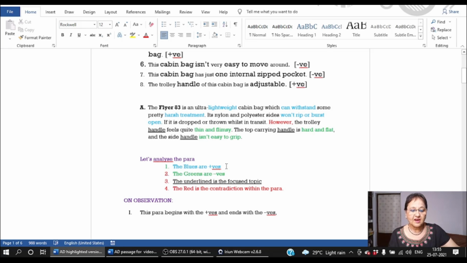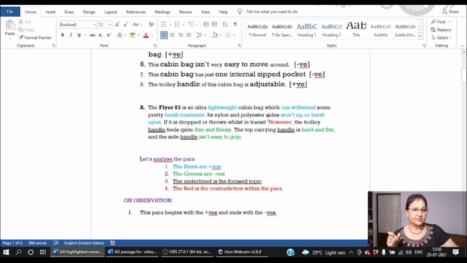The blues are the positives. Lightweight, can withstand harsh treatment, won't rip or burst open. Those are all good points for a cabin bag. The greens are negatives.